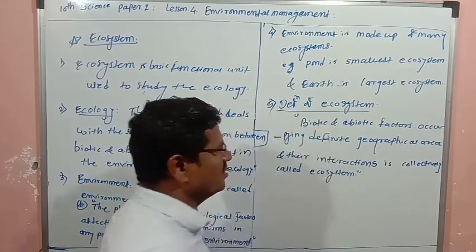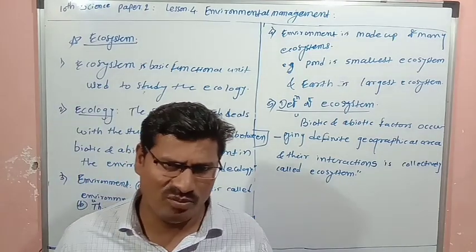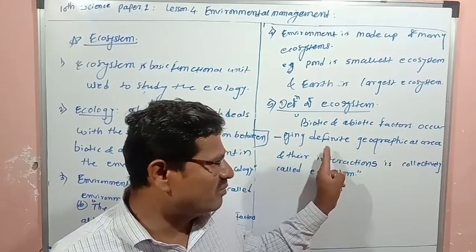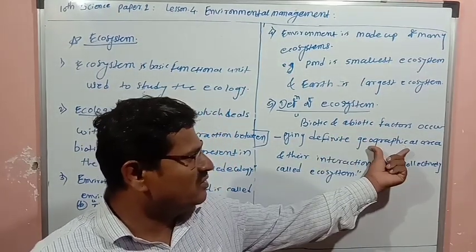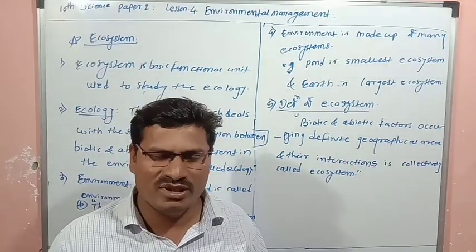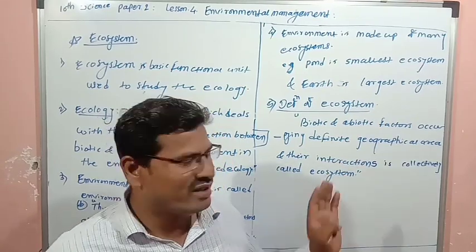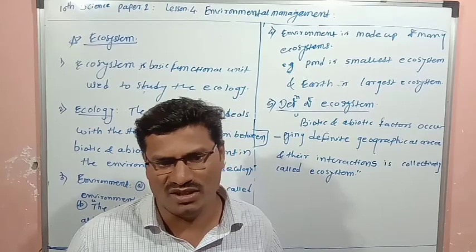So what is an ecosystem? An ecosystem is the biotic and abiotic factors present in the environment in a definite geographical area, in a fixed area, and their interaction. It is called an ecosystem.